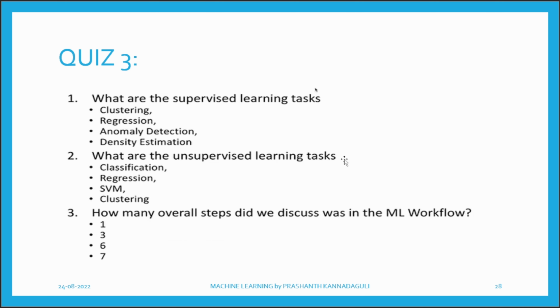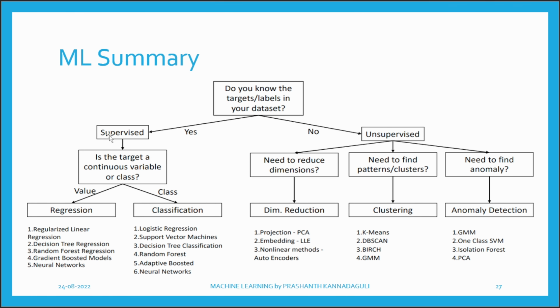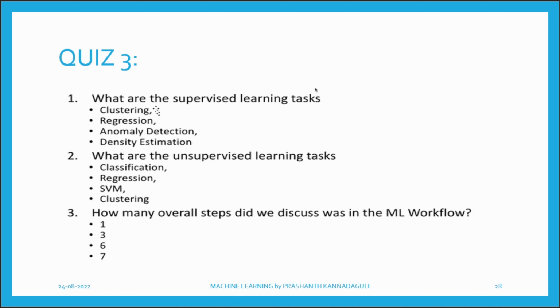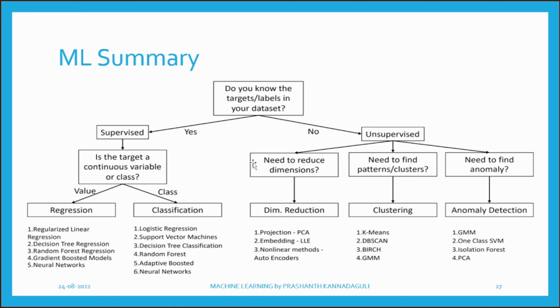Yes, so we can see what the supervised learning tasks are. Out of them, if you go back and look at the supervised, regression actually falls under the supervised case. So the answer to the first question is regression. For the unsupervised learning task, you just have to go back and refer to this.